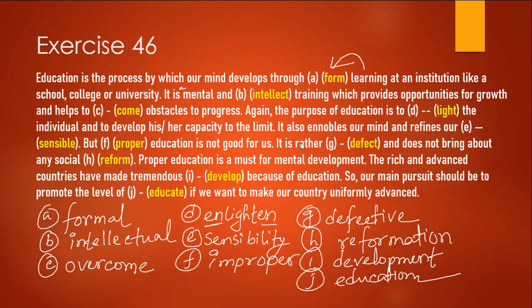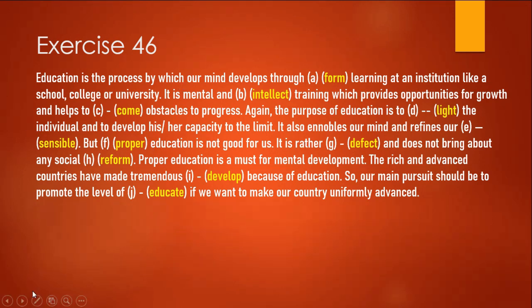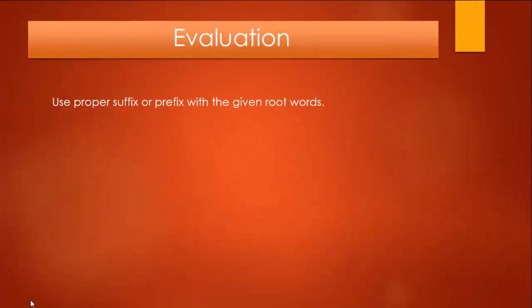Now let's go to the evaluation part. Dear students, now evaluation. So what you have understood, you have to show here. Use proper suffix and prefix with the given root word. I will give you some root words and you have to use proper suffix and prefix to make a new word.